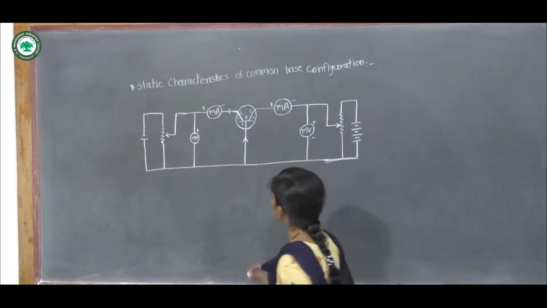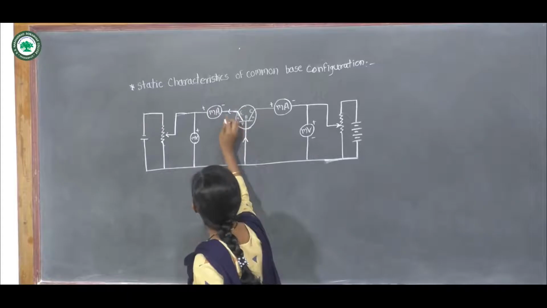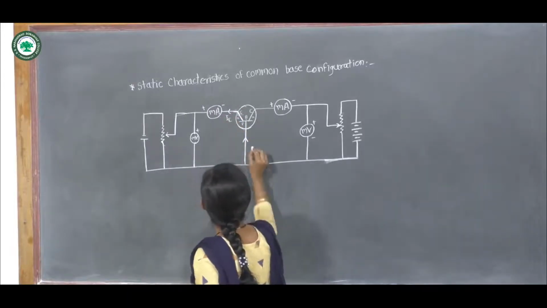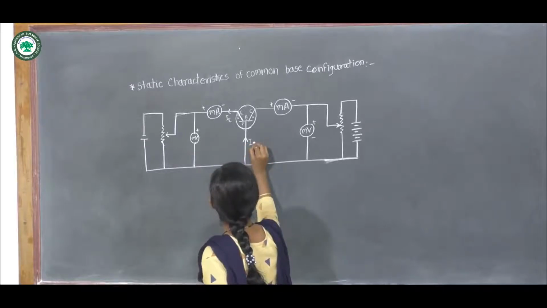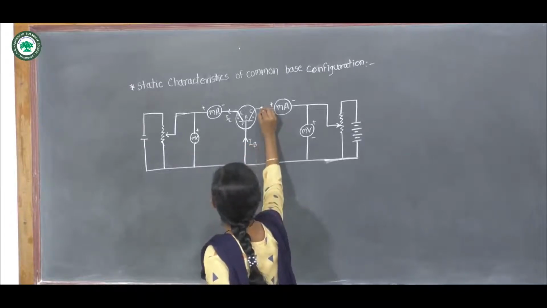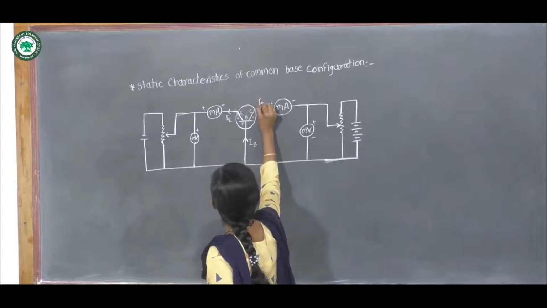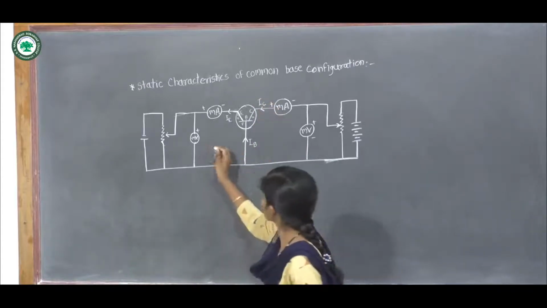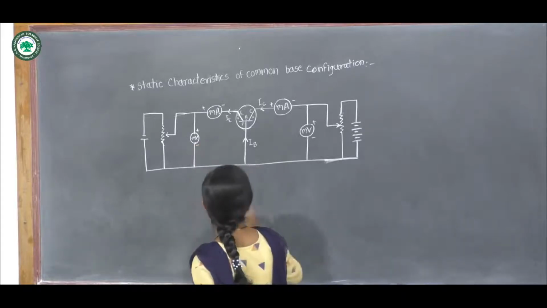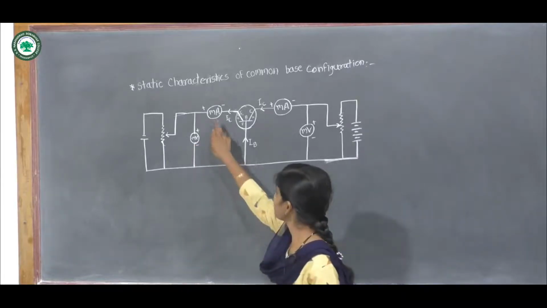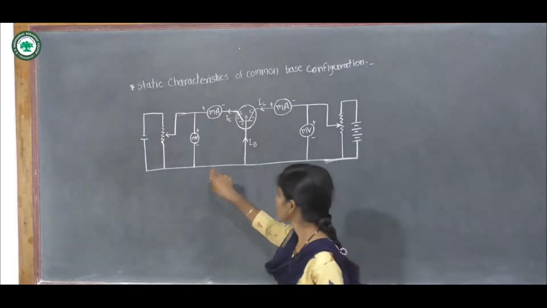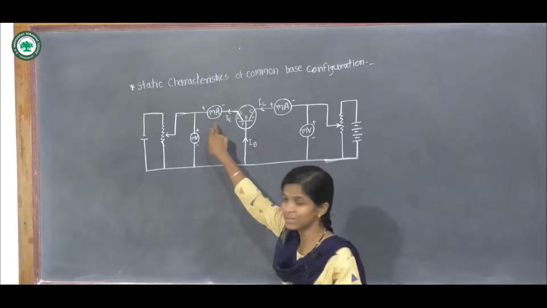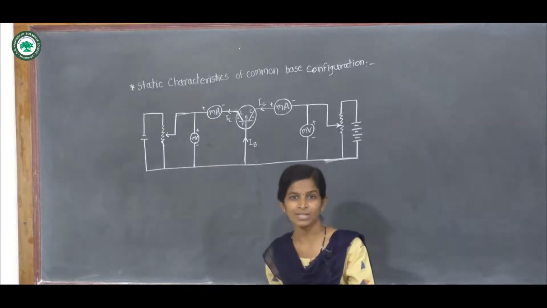This is the direction of emitter current IE, this is the direction of base current IB, and this is the direction for collector current IC, and this voltmeter will measure the voltage between emitter and base terminal. So this voltmeter will give the input voltage and this milliammeter will give the input current.